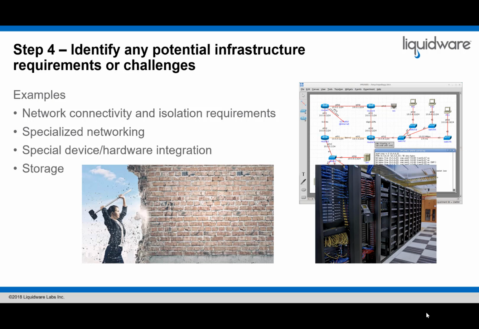For example, how do resources within your candidate application or service communicate with each other and the outside world? Is the candidate meant for internal use only? Will the users need to access it over public networks? What kind of routing and firewall capabilities do you need?